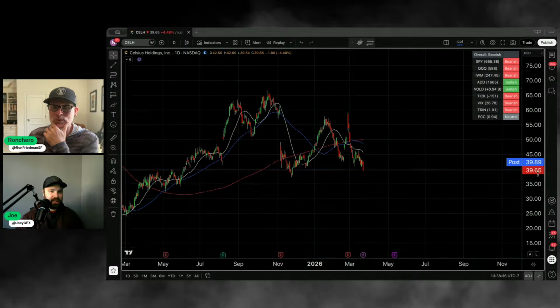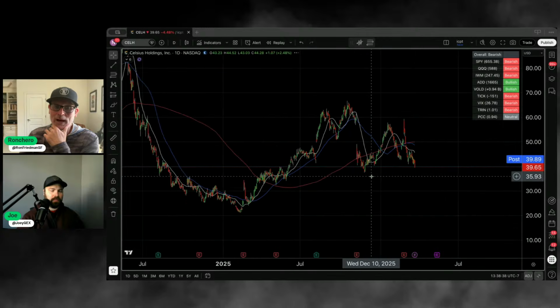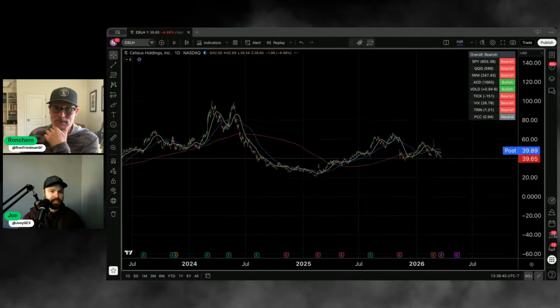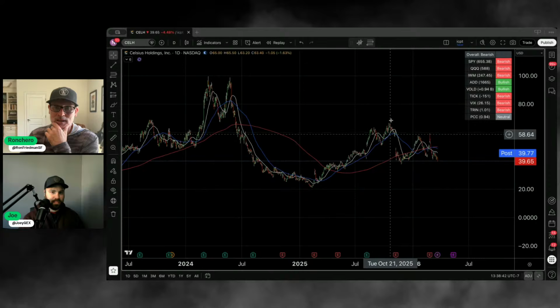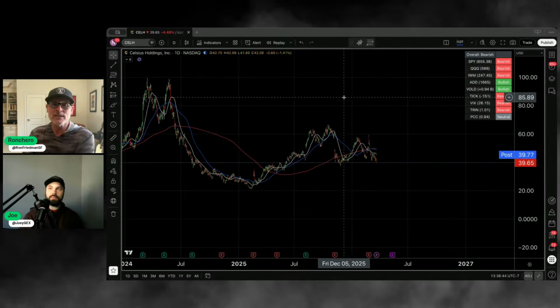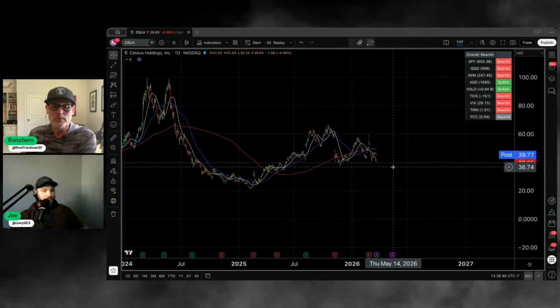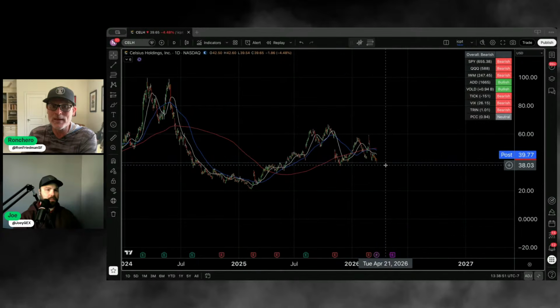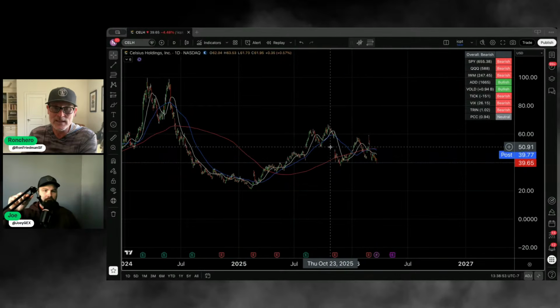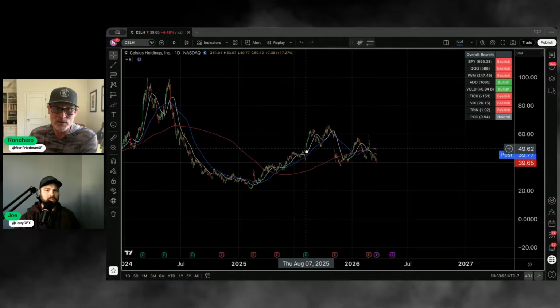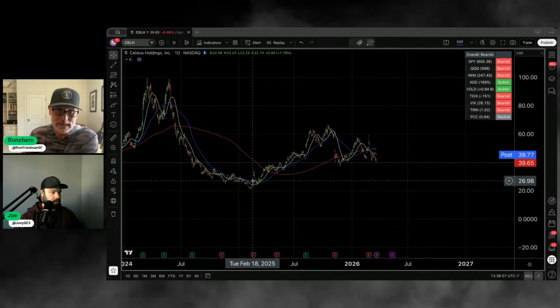Yeah. So from a technical perspective, what's tough about this name is that it is more reactive to headline news and has these big swings, and you can see the gaps. There's a gap on earnings, there's a gap on earnings, there's a gap.